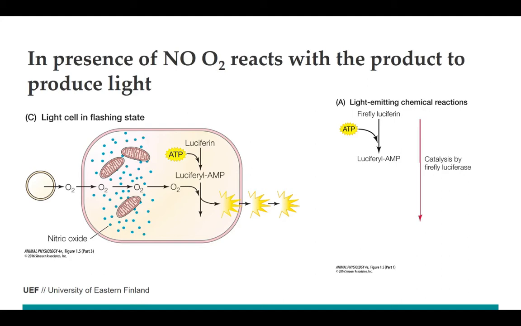Then the oxygen is available to interact with luciferyl AMP, and there is an electronically excited product that releases photons, meaning that it makes light. So now we understand a very simple process that seems to be quite finely tuned, with several cell components affecting how this light is produced.